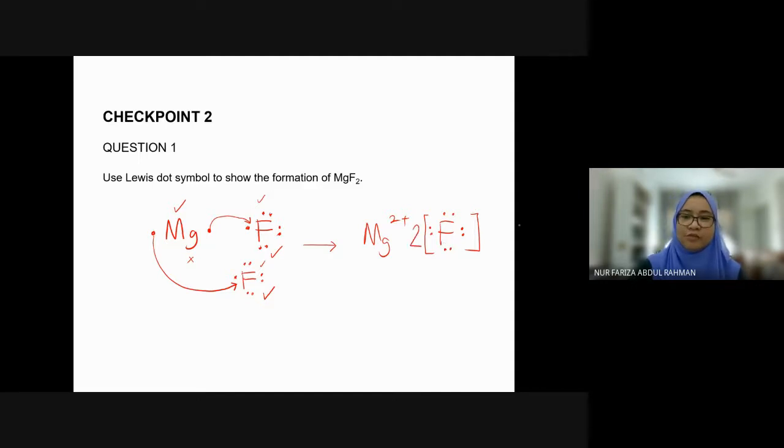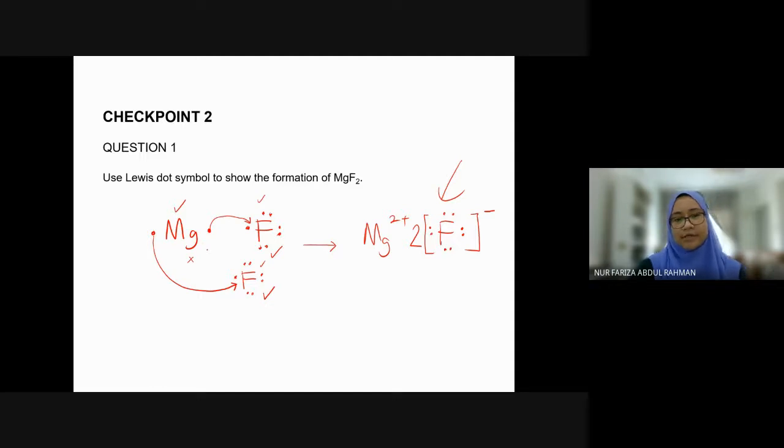Don't forget the charge. Ataupun you may also have fluoride ion in bracket, there are 2 fluoride ions in bracket. So untuk simplify, this is how you write the product of MgF2.